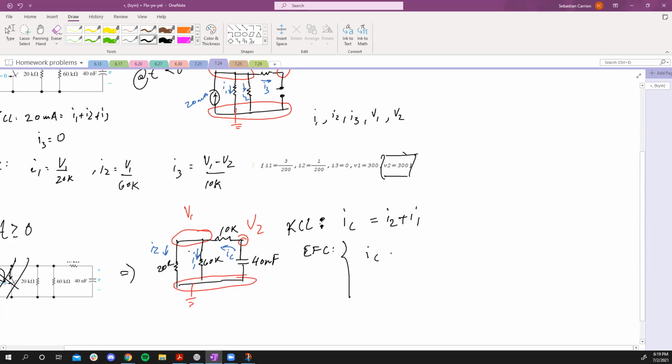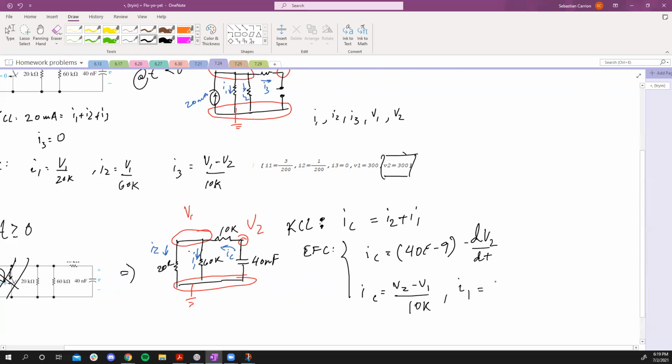You know that IC equals 40 times 10 to the negative 9 times negative dV2/dt. We're going to call this S later. IC equals V2 minus V1 over 10K.